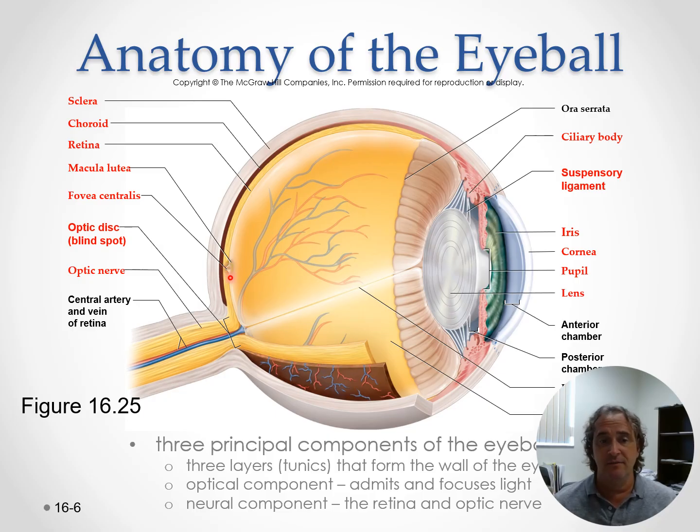You have three layers of the eye. Sclera is the connective tissue that's white. Choroid is going to be the middle layer, and choroid is going to have a lot of blood vessels. It's going to be brown because right in front of it is going to be the retinal pigmented epithelial cells that are going to absorb stray photons that are hitting the retina. So this is going to get rid of a lot of debris and a lot of built-up stuff from your retina.